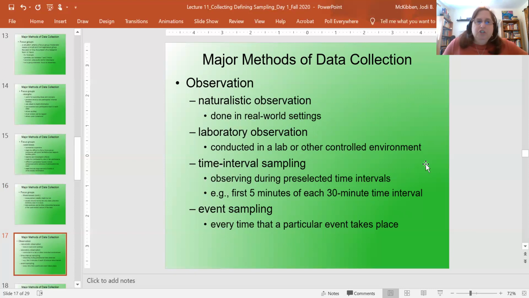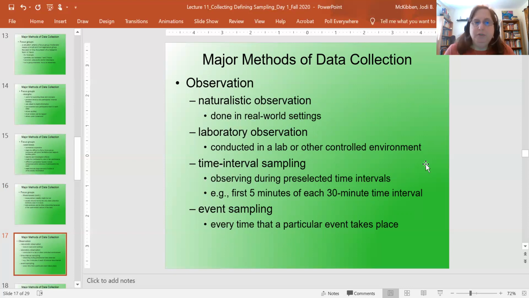You also can do sampling in observation. It may not be realistic for you to sit on the playground and observe for 3 hours straight. So maybe instead you observe during pre-selected time intervals, like the first 5 minutes of every 30-minute time interval. Right?